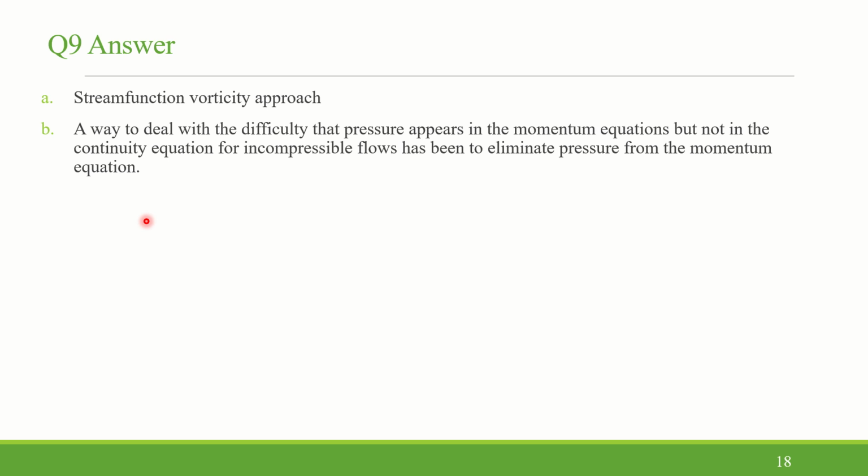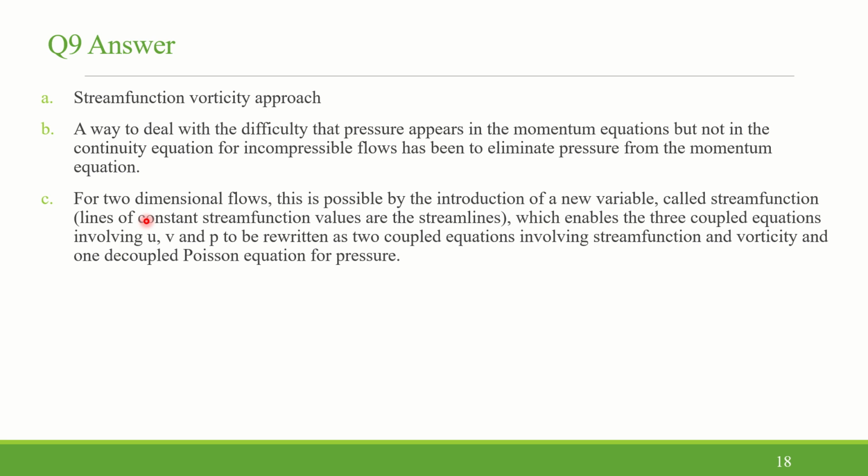So the major issue is that in the second equation, the momentum conservation equation, we have the pressure term, but the way here in stream function vorticity approach is that we are eliminating the pressure from the momentum equation. For two-dimensional flows, this is possible by the introduction of a new variable called stream function, and lines of constant stream function values are the streamlines.